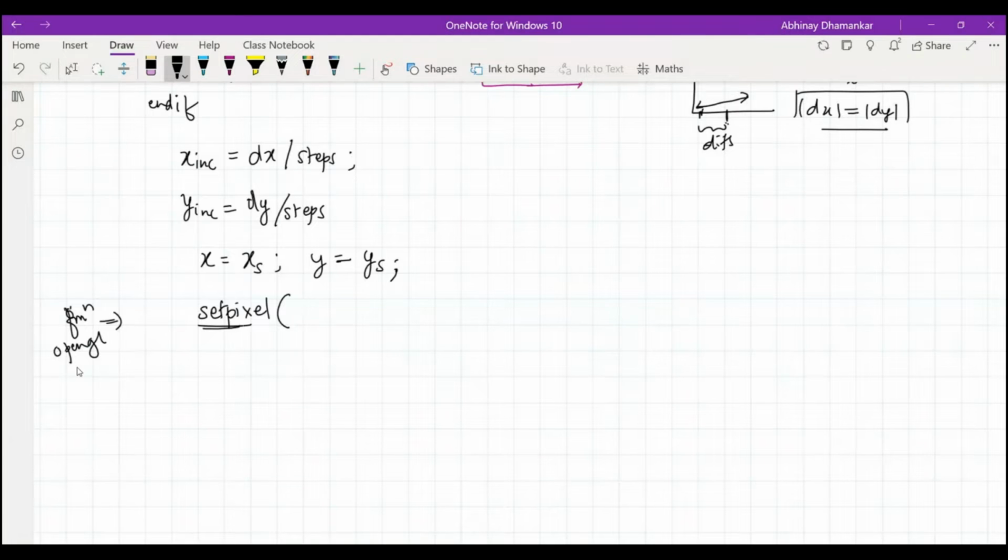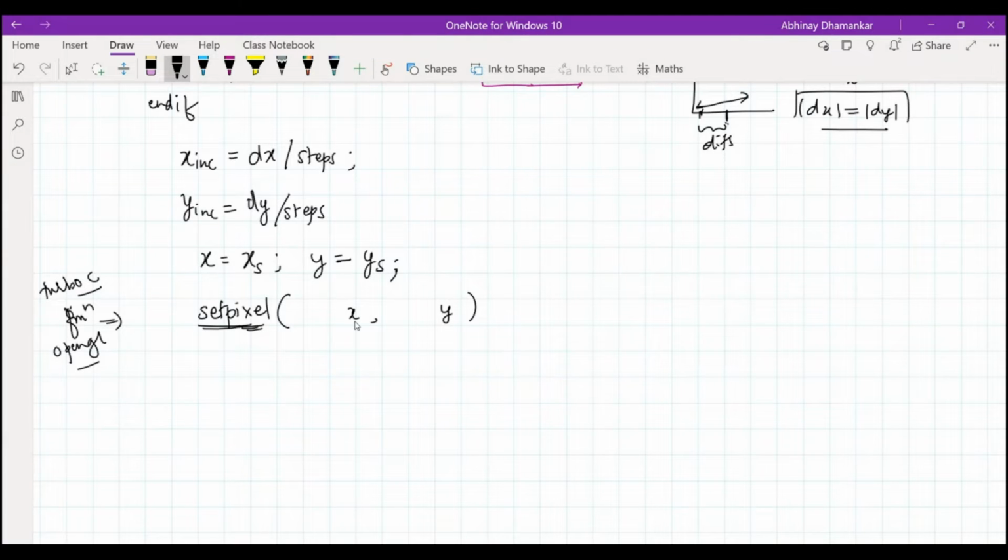This is a function that works with Turbo C or some kind of Turbo C that was used previously. Okay, so what I mean to say is that you enable that pixel. Set pixel means enable that pixel, x comma, I will write it down here.